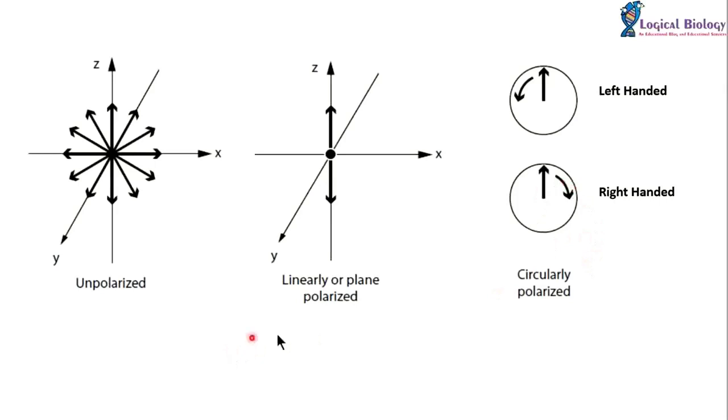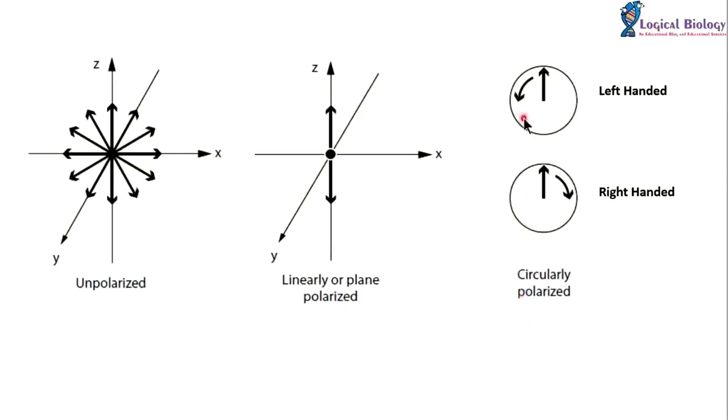So these three kinds of light we can use for spectroscopic purposes: unpolarized light in electronic spectra, linear or plane polarized light in ORD, or optical rotatory dispersion, and circularly polarized light in CD spectroscopy or circular dichroism.